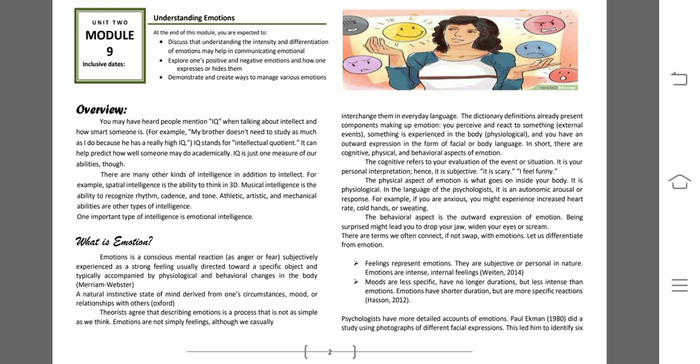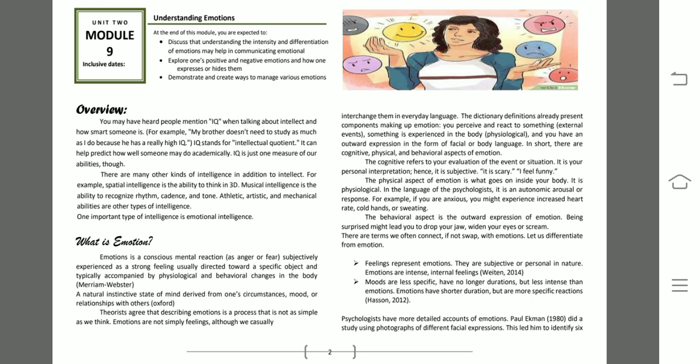So, they have what we call spatial intelligence. Okay? Next one is the musical intelligence, which is the ability to recognize rhythm, cadence, and tone. So, other types of intelligence here are the athletic, artistic, and mechanical abilities.